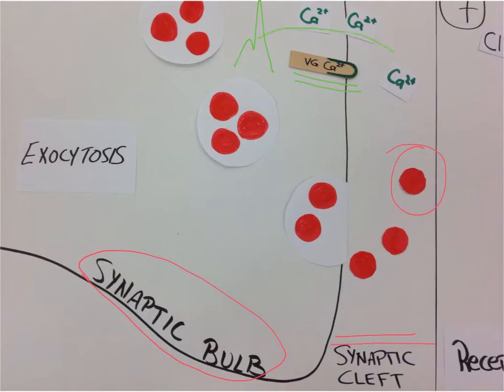Calcium is going to move into the cell, and the movement of the calcium into the cell now causes a process known as exocytosis. These neurotransmitters are originally stored in synaptic vesicles, and when the calcium moves in, it is going to trigger the fusion of that synaptic vesicle with the membrane, and therefore release its contents into the synaptic cleft.